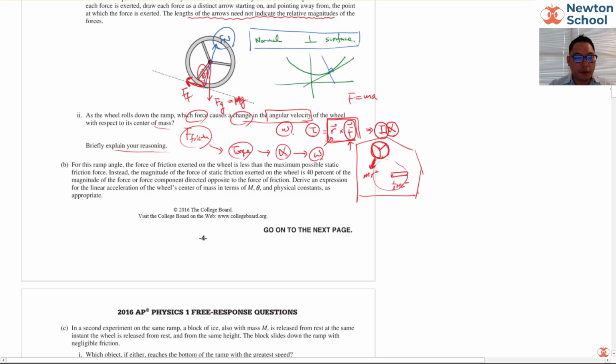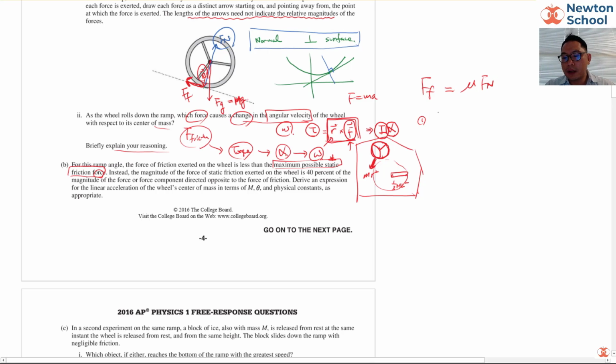For this ramp, the force of friction exerted on the wheel is less than the maximum possible static force. That's actually important. This is a little tricky to understand because for force of friction, usually you write equals mu Fn, normal force. But there are 2 different cases.